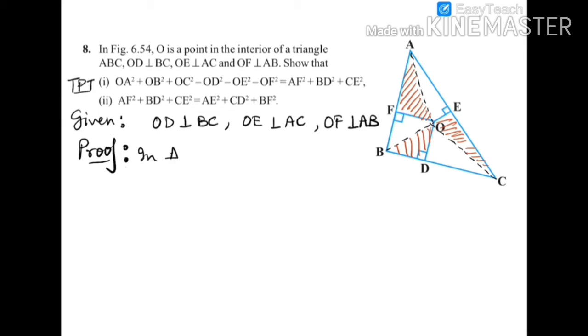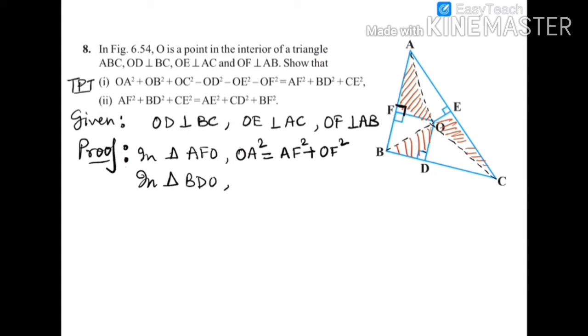In triangle AFO, which side is going to be the hypotenuse? Since this angle is 90, opposite to it is hypotenuse, so OA is hypotenuse. So OA square should be equal to AF square plus OF square. Let's take the other triangle, triangle BDO.